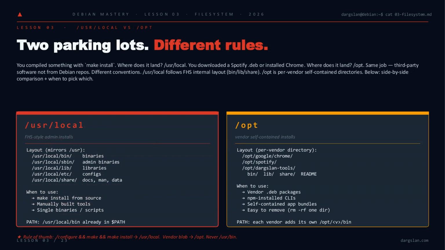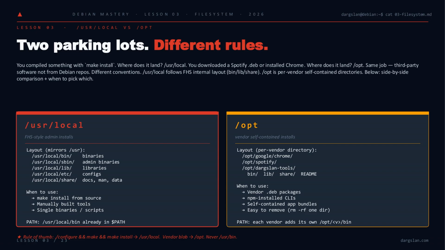Now, where does third-party software actually live? 2 answers, and Debian draws a clean line. /usr/local is for stuff you built yourself. Configure, make install. And it mirrors the FHS layout with its own bin, lib, etc, and share. /opt is for vendor blobs that ship as a self-contained tree.